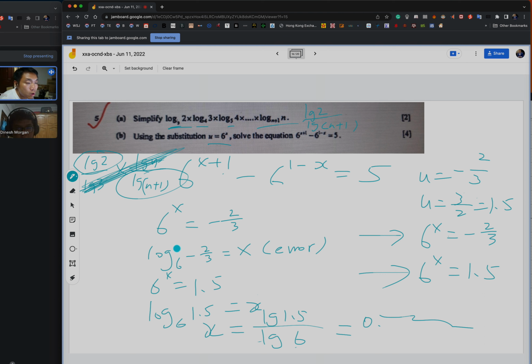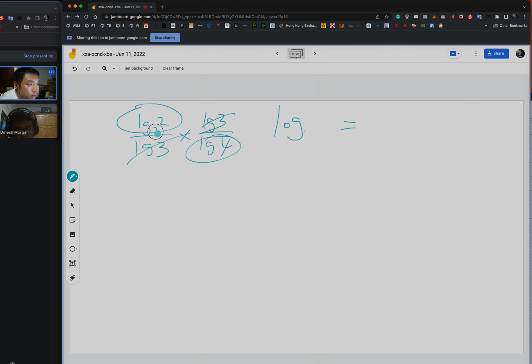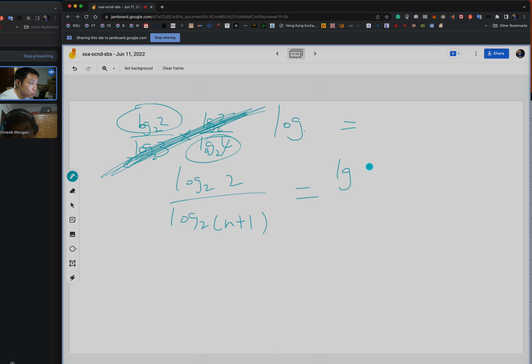You can use log 2, but it does not matter. It will end up the same thing. So in a way, this one will be gone, and then you will end up with log 2 over log 2 of n plus 1, and this is also equal to log base 10 of 2 over log of n plus 1.